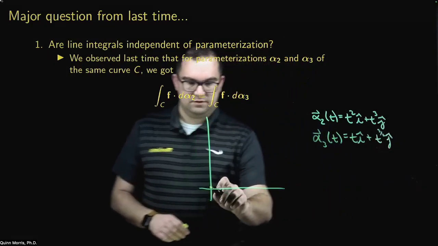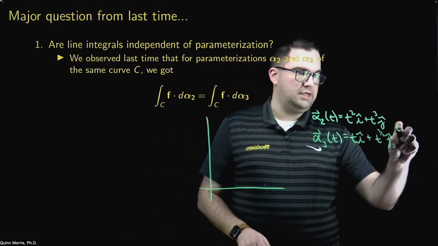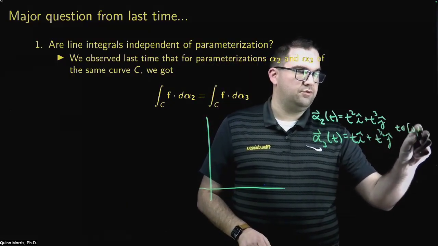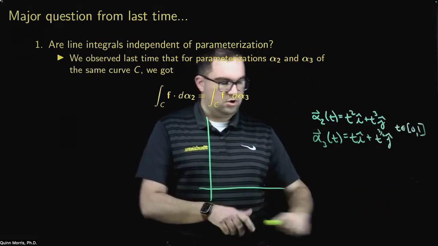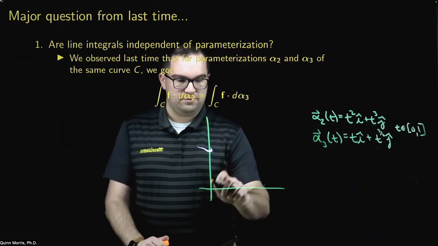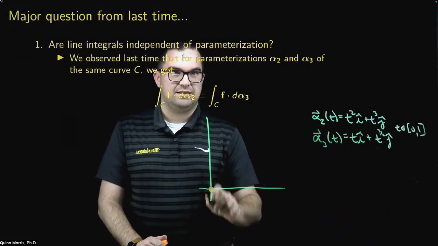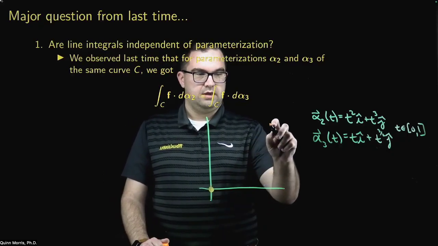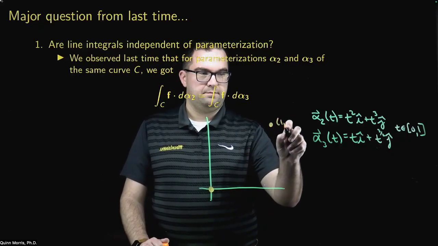Both of these were for t from 0 to 1. So we note that both of these parameterizations began at 0, 0, and ended at the point 1, 1.